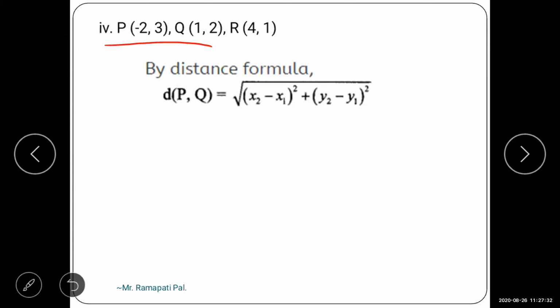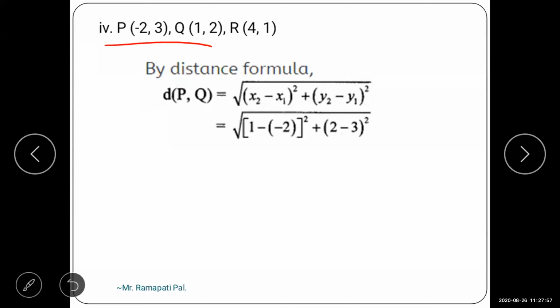Can you tell me what is x2? Yes, very good. x1? Now substitute in the formula. So it becomes 1 minus 2 whole square plus 2 minus 3 whole square.